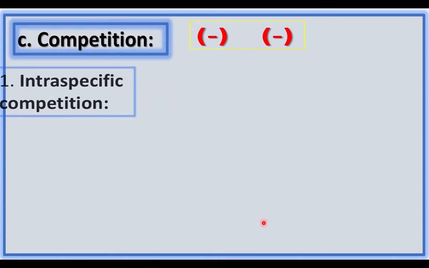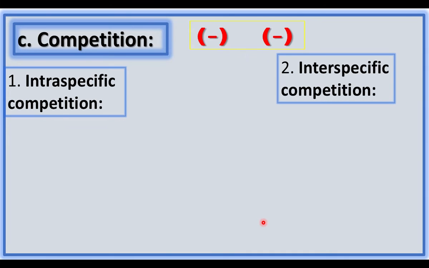Competition involves the association between two members. Here both are harmed. Both the partners are harmed in competition. Competition may be intraspecific competition, that is, competition between the members of the same species, or interspecific competition, competition between two different species.